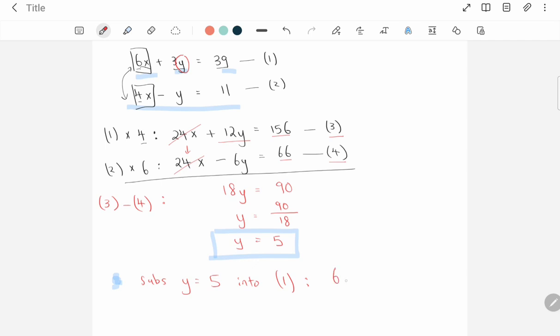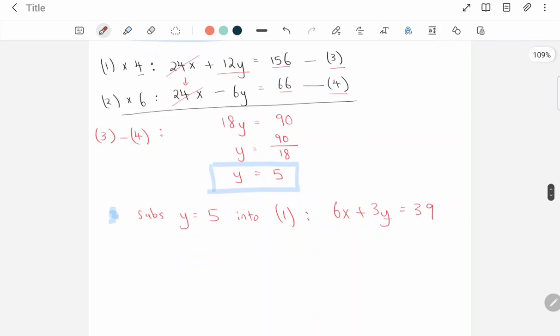So I have 6x plus 3y equals 39, this is the original equation 1, and I change the y into 5. So it means 6x plus 3 times 5 equals 39. So 6x plus 15 equals 39.